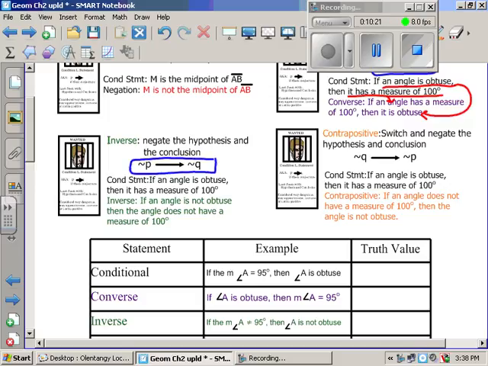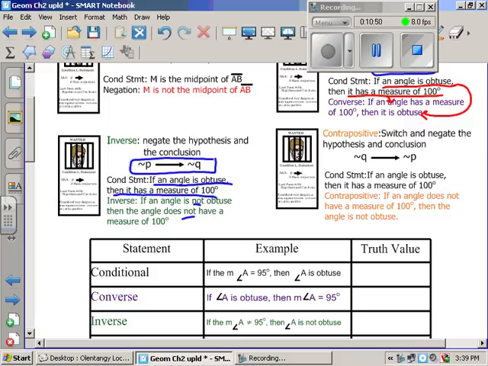If an angle is obtuse, then it has a measure of 100 degrees. You're leaving angle is obtuse first, you're leaving a measure of 100 degrees second, but you're making them both negative. So if an angle is not obtuse, then the angle does not have a measure of 100 degrees. So it leaves it in the same order, just makes it negative. Okay? Now, converse changes the order.